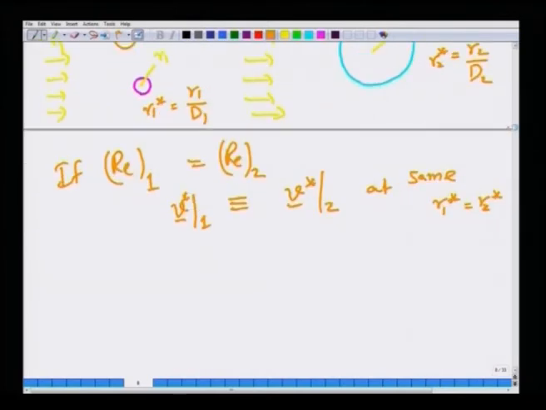If you ensure that r 1 star is r 2 star, then the non-dimensional velocity at a given non-dimensional position is the same if the Reynolds number is the same.